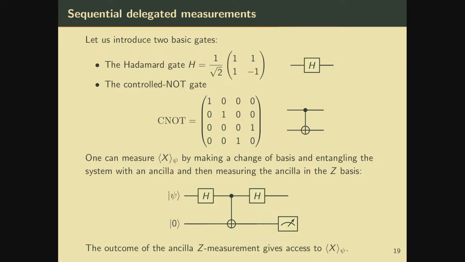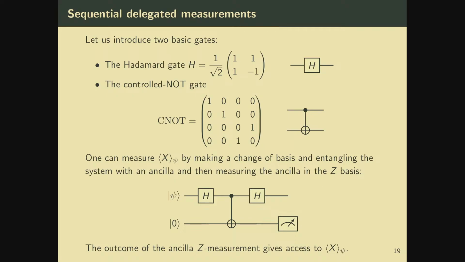Well, this very small circuit that I will use a little bit later is a way of delegating the measurement of this quantum state here to an ancillary qubit. So what do we do? I would like to measure this qubit in the X basis, but I don't want to destroy this qubit. I want to keep it for other measurements later. So what we do, we perform a Hadamard transformation. So we change this qubit to the Hadamard basis.